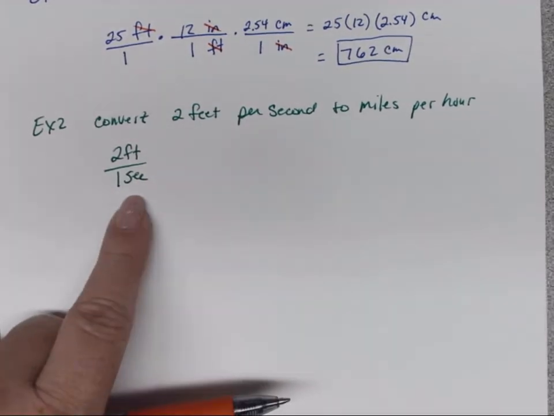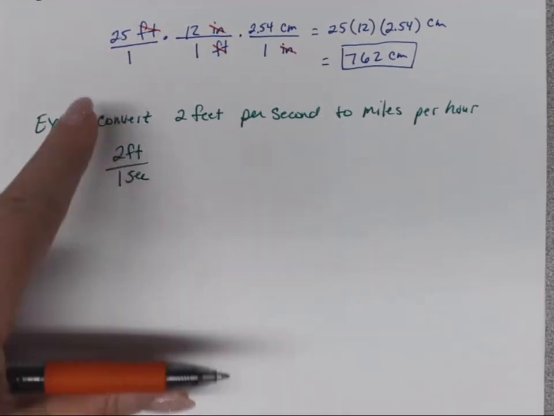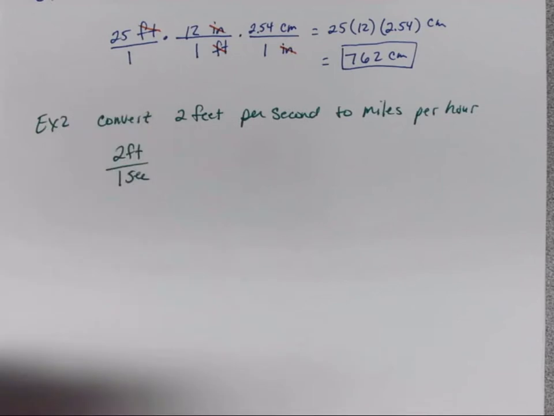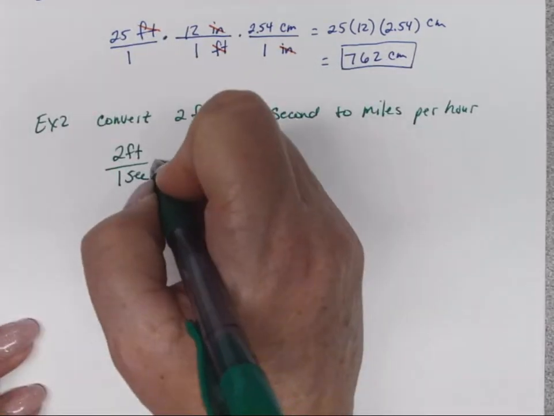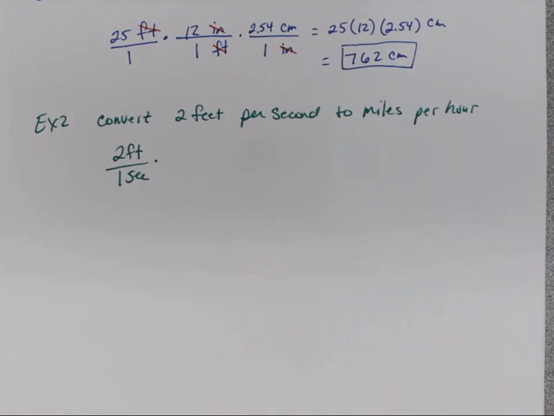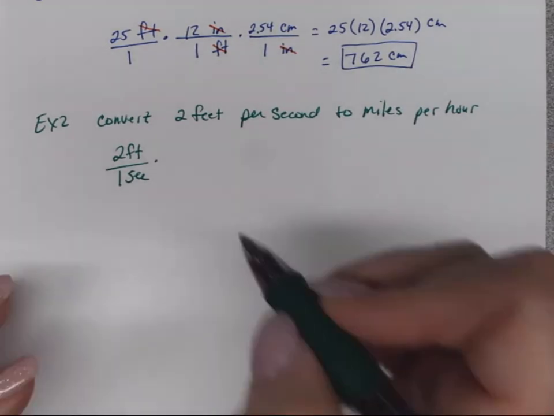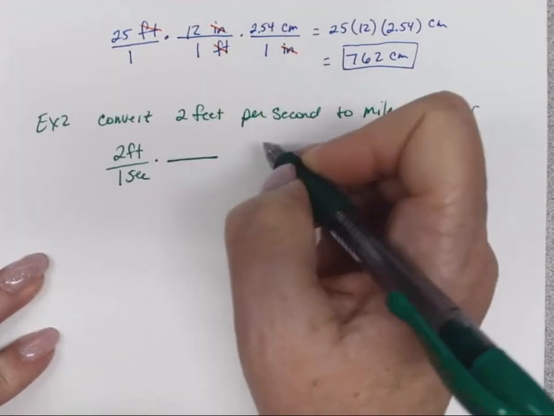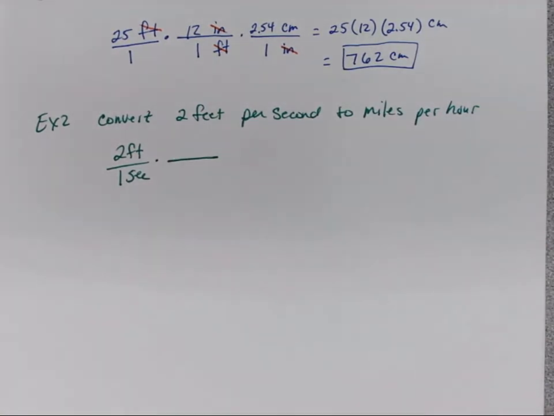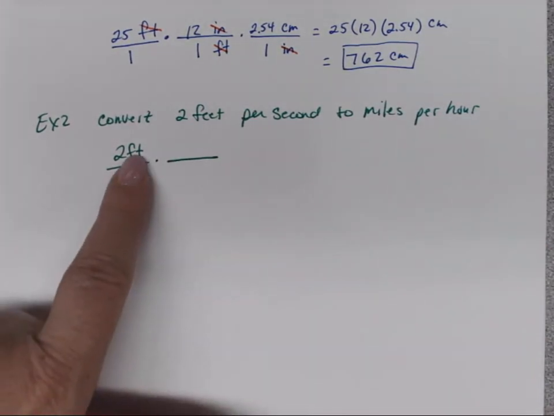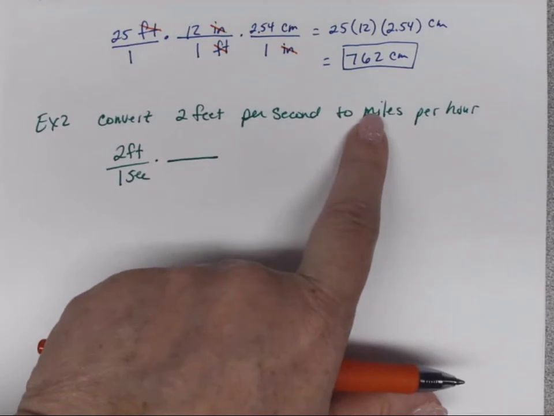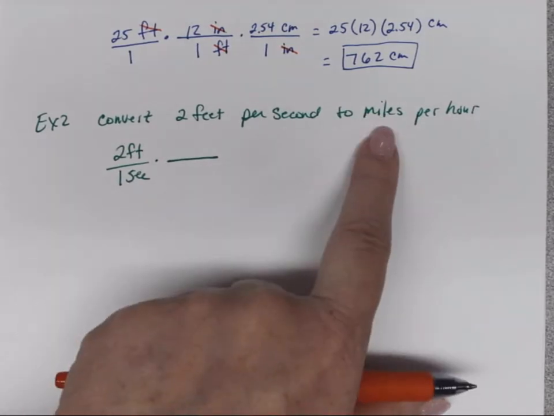This time we actually have a value on the bottom. If you don't, you can just write it over 1 because every number is over 1, so you can follow the math a little easier. Now, I have to choose which way I'm going to go. I'm going to address the feet first, and then I'll go to the time. So feet, and I need to go to miles. Do we know how many feet are in a mile?